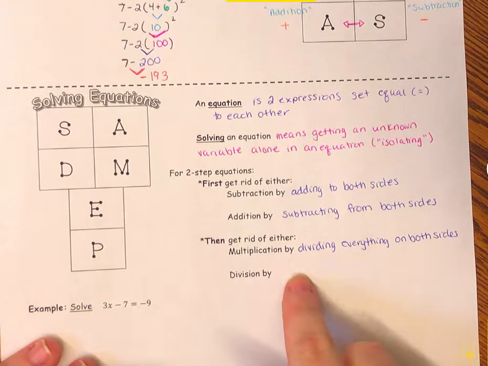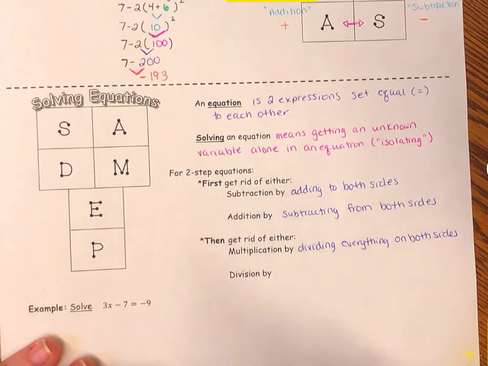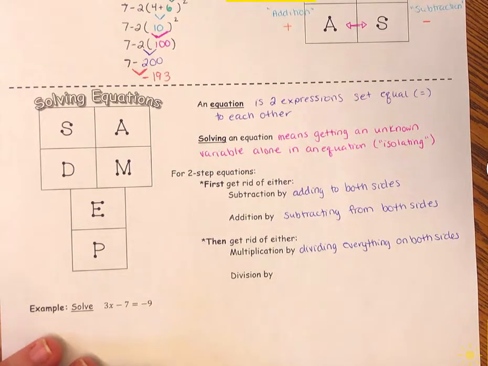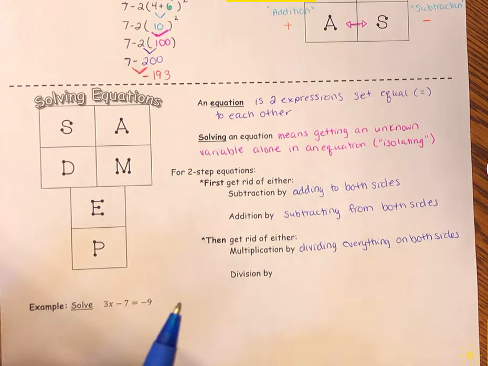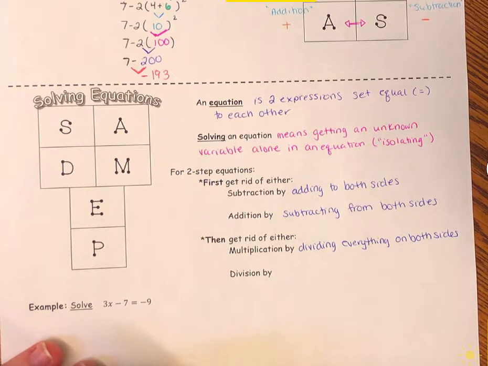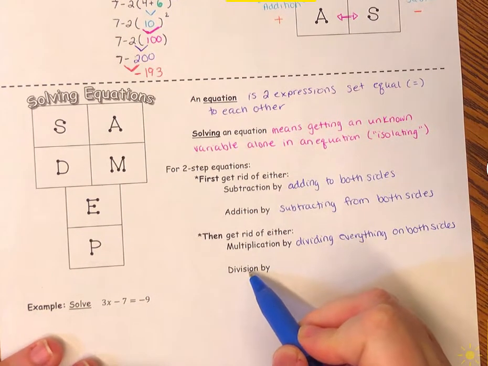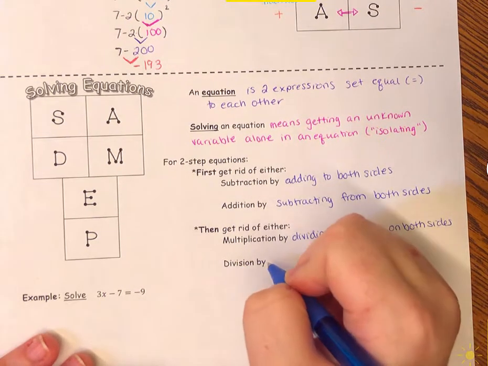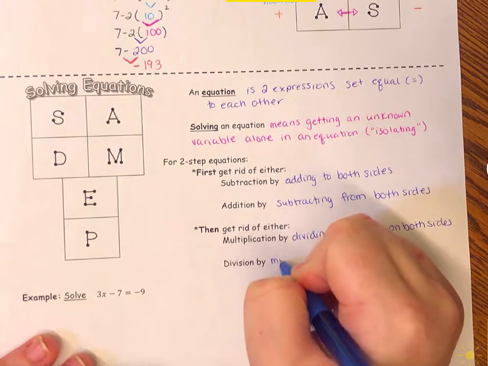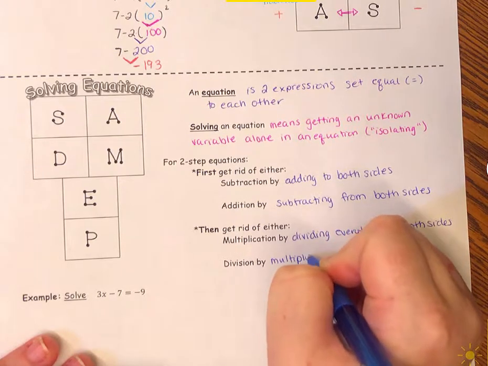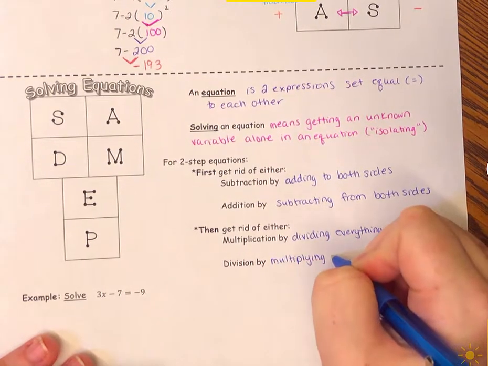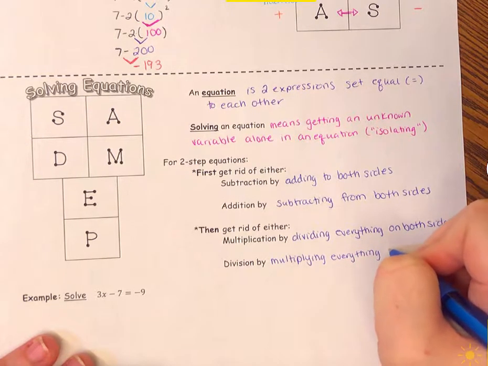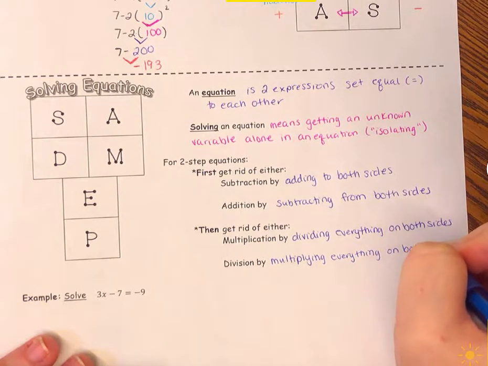But multiplication and division, anything can go. So if I have a 5, I can divide by an x because it's multiplication and division. So the inverse of division would be multiplication. So in order to get rid of division, we would divide by multiplying. Again, everything on both sides.